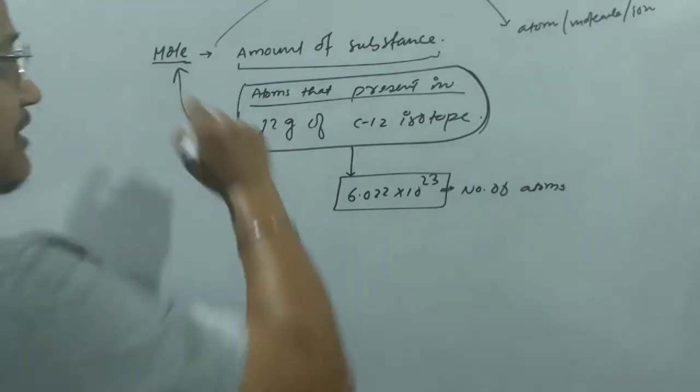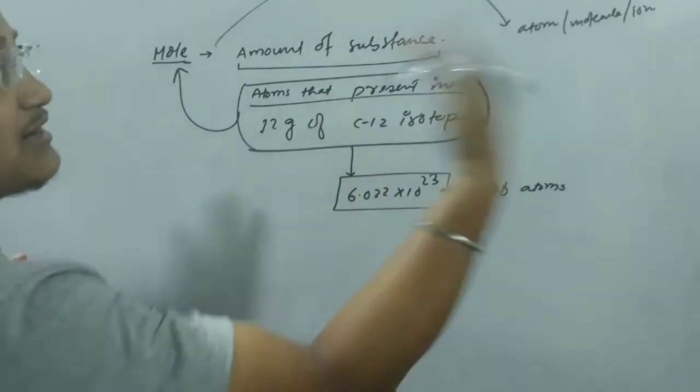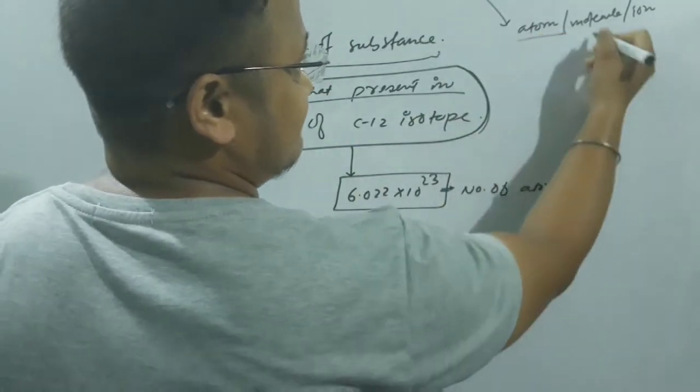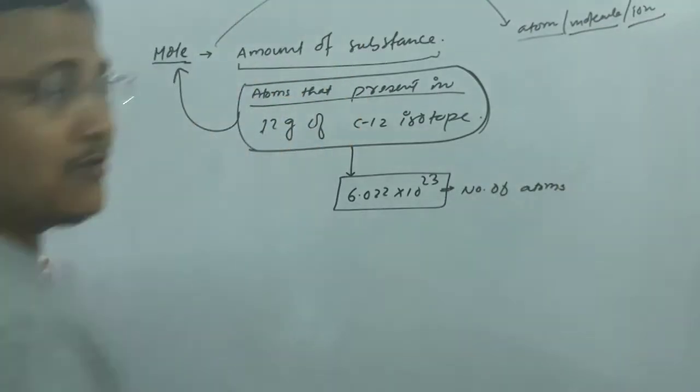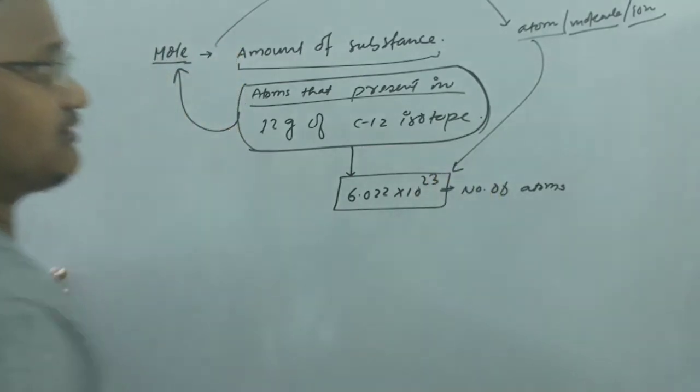So when we are talking about a mole, it means amount of substance. What are the substances? It may be atom, molecule, or ion, and that is equal to this particular value.